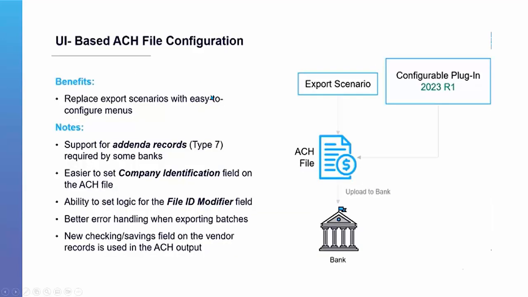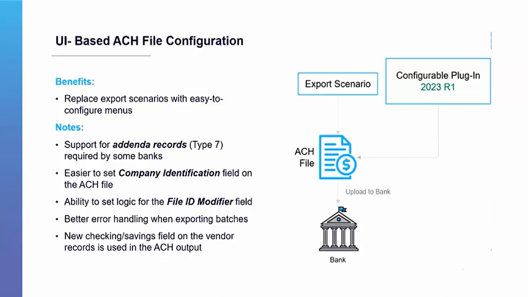There's also been changes around the ACH capability in Acumatica. For those of you that may initiate wires or have more complex banking requirements, the ACH process was limited in what we could set up to automate creating the file that needed to go to the bank.